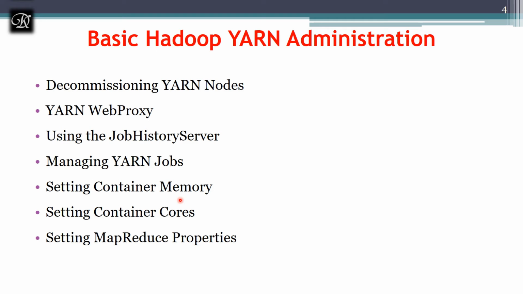There are some properties we can set over here. Let me discuss that. First one is mapred.child.java.opts. It provides the smaller heap size for the child Java virtual machines of maps. It's going to set the smaller heap size. The heap is used to do the dynamic allocation.